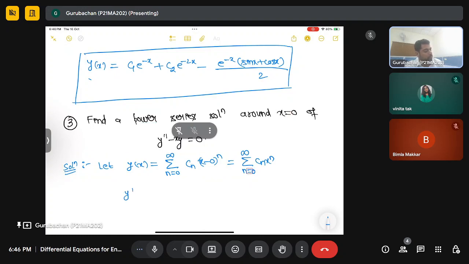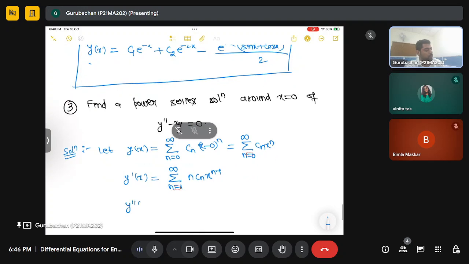Next is its first derivative, which will be summation n from 1 to infinity n c_n x to the power n minus 1, while the second derivative will be summation n(n minus 1) c_n x to the power n minus 2.